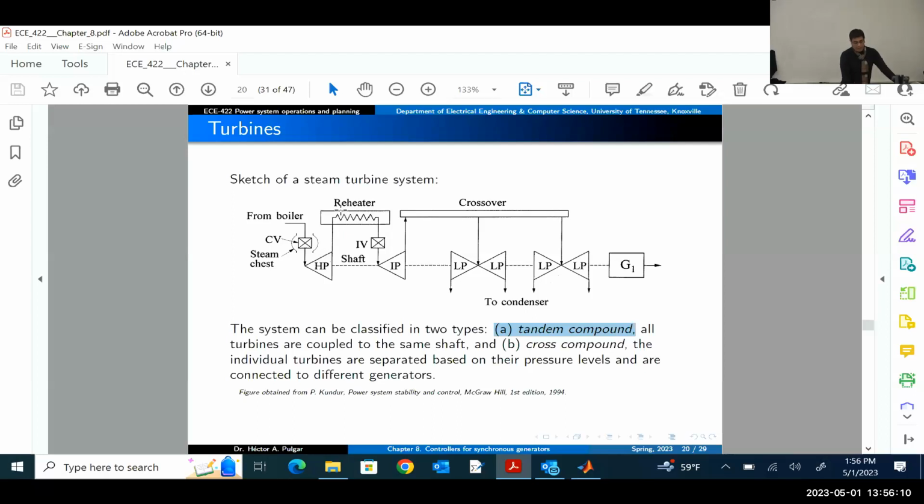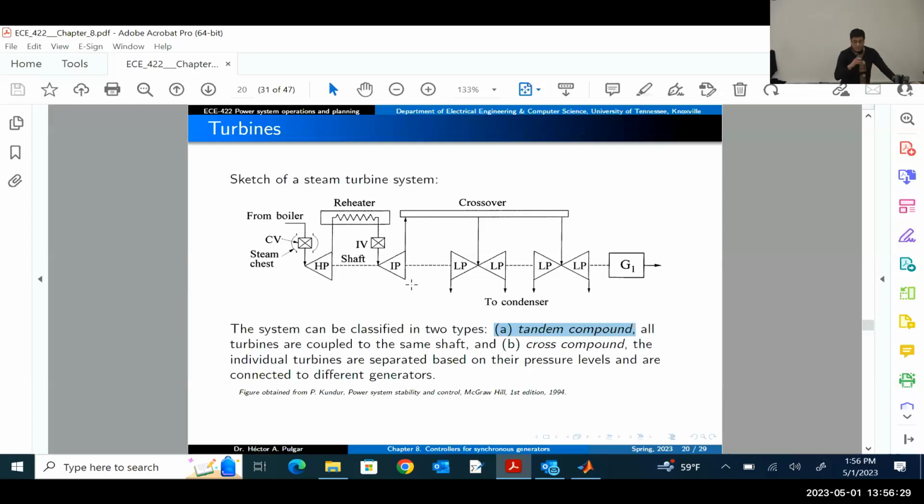So that steam will pass through a reheater, and here we're going to have the second main type of dynamic in the description. After the reheater, we're going to have an intermediate valve that will control the flow that will go to the intermediate pressure turbine.